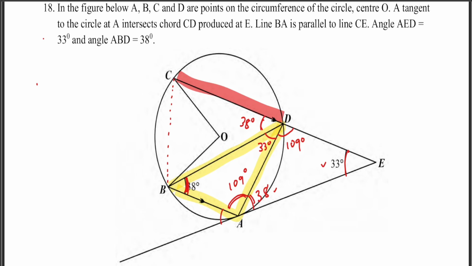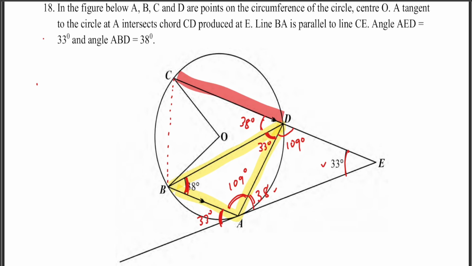So if you take 109 plus 38, and then 180 minus that answer, it gives you 147. 180 minus 147 gives you 33 again. Obviously, because if this angle is 33 and this angle is alternating, called alternating angles, then they should be the same.